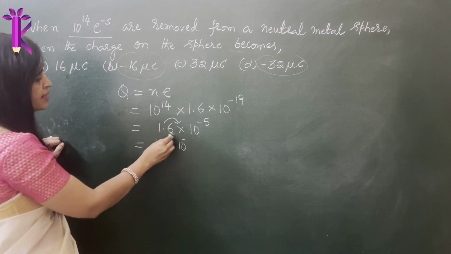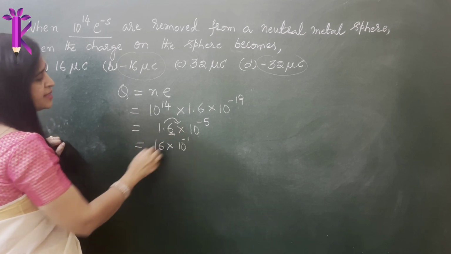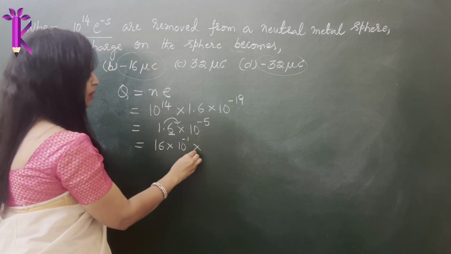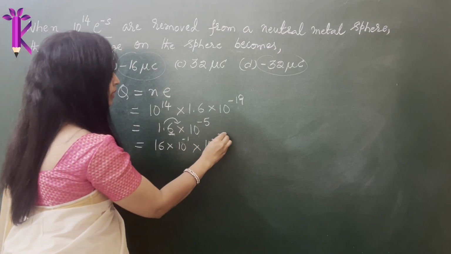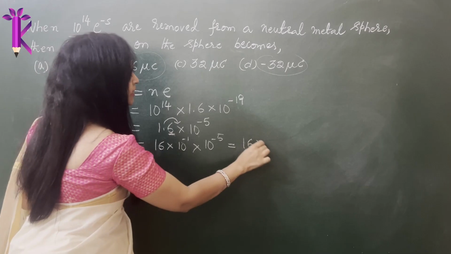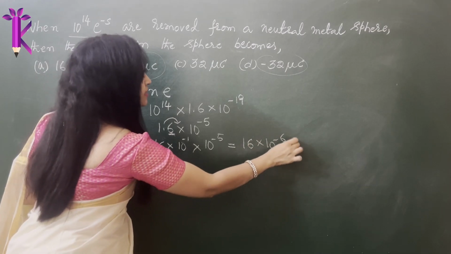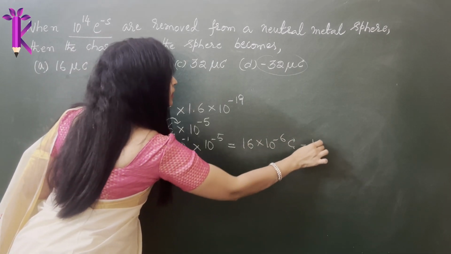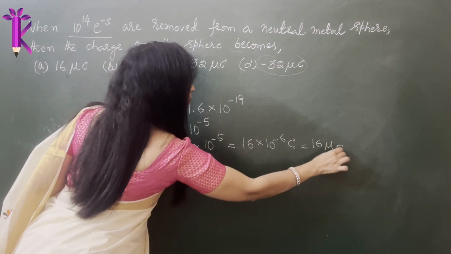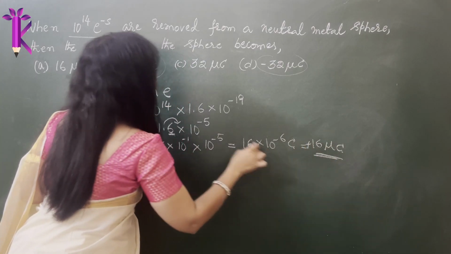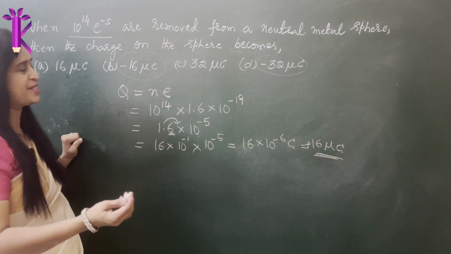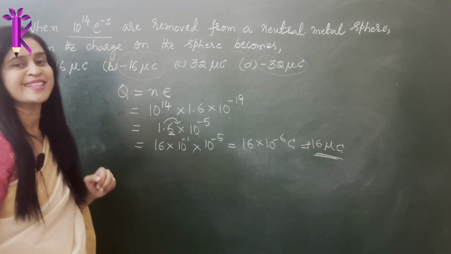How much does it decrease? We are shifting one decimal place, it decreases by one. So 10 power minus 1 into 10 to the power of minus 5, which is nothing but 16 into 10 to the power of minus 6 coulomb, which is nothing but 16 microcoulomb, and definitely it is positive because you are removing electrons. So the right answer is 16 microcoulomb.